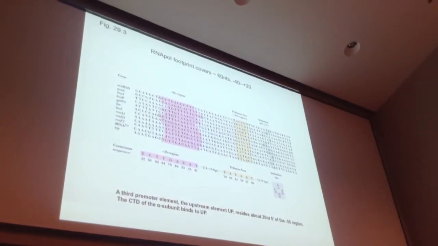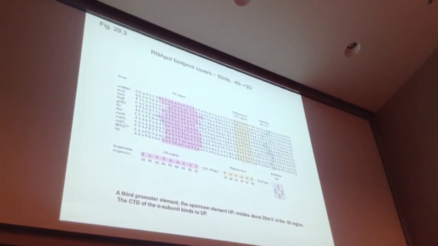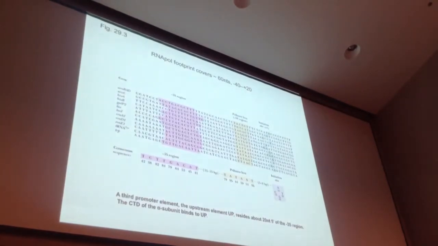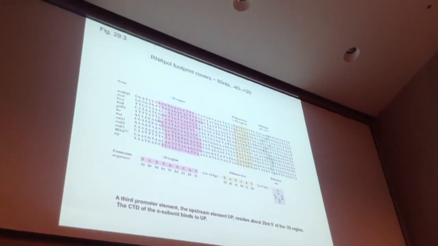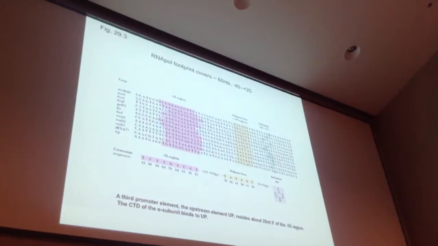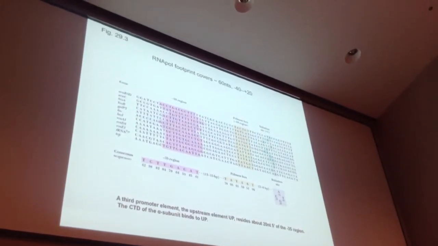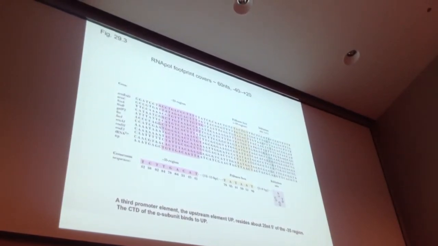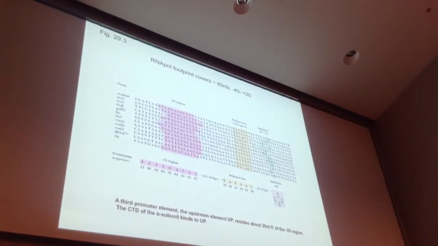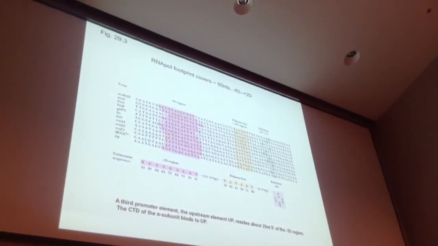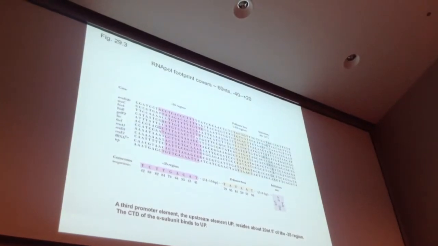So the consensus sequence, for one thing, determines the rate of transcription, particularly in prokaryotic cells, but it's also true in eukaryotes. Okay, it's less true in eukaryotes because of all the transcription factors that we'll talk about that are also needed for the process. But here, these guys are that.